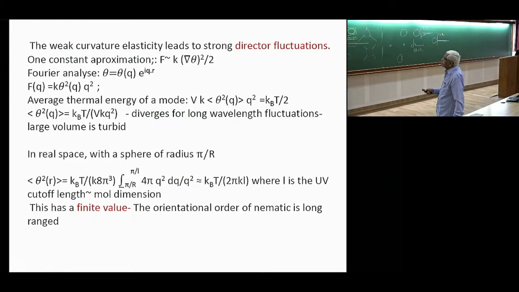Then you get kBT over 2 pi K L, where L is that molecular dimension. This is of course a finite value, which only says that the orientation order is long-ranged, though there are strong fluctuations.